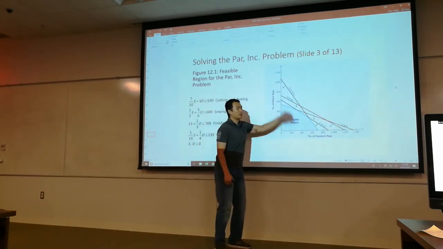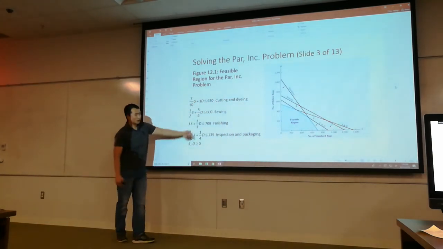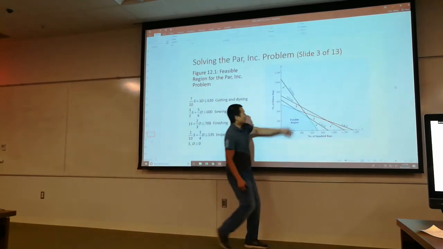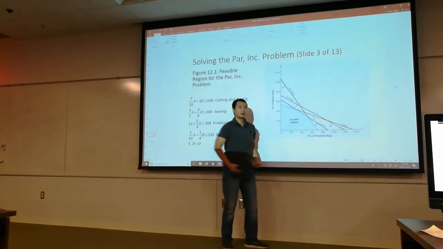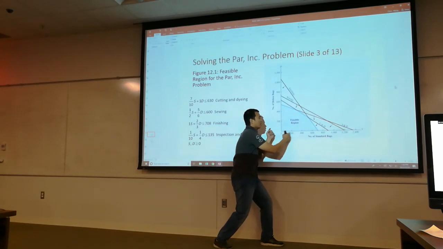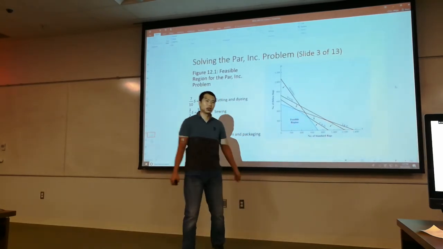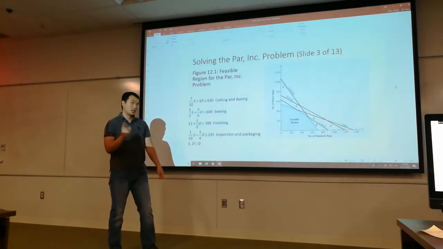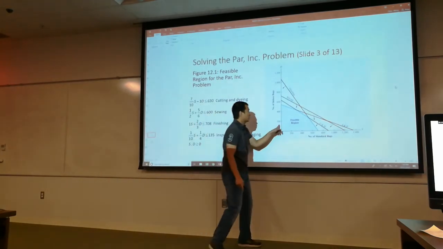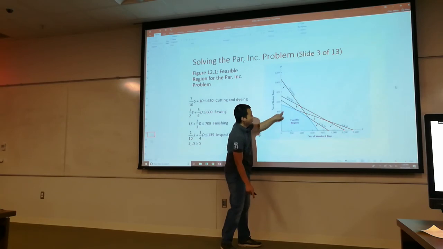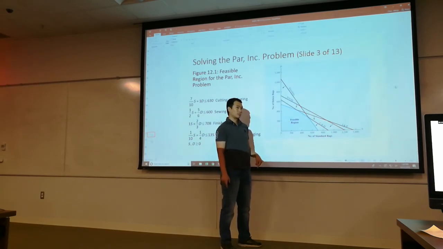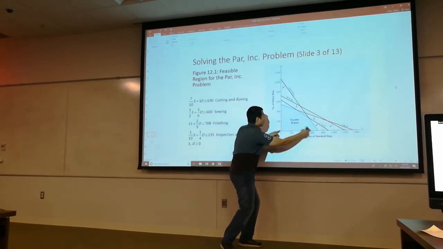Then we do the same for all those constraints, and we have lines, then we say, okay, only this region is the feasible solution region. And then we will find a solution in this region. Maybe the best solution is here, or there.